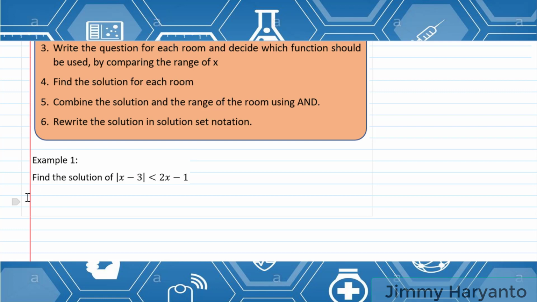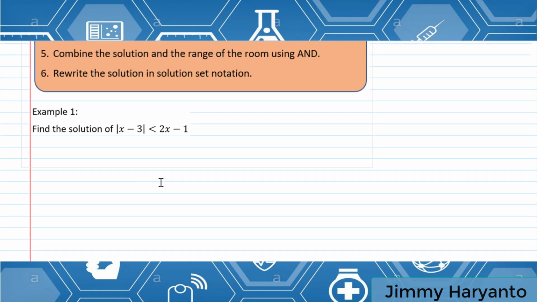Example 1: find the solution of the absolute value of x minus 3 less than 2x minus 1. If you watch closely, this is not one of the previous 3 types. This is a different kind.